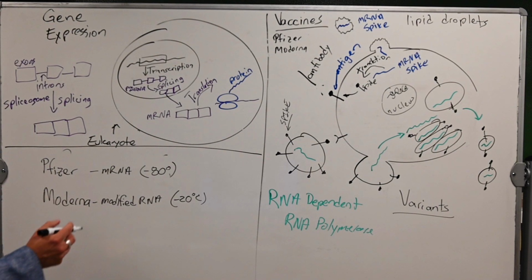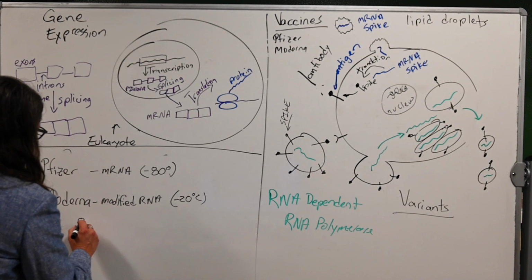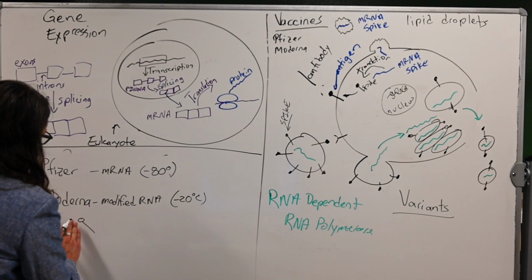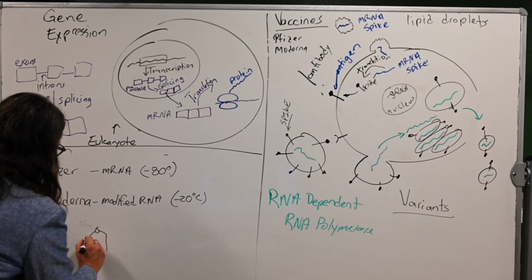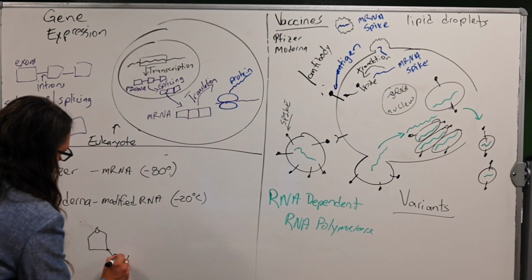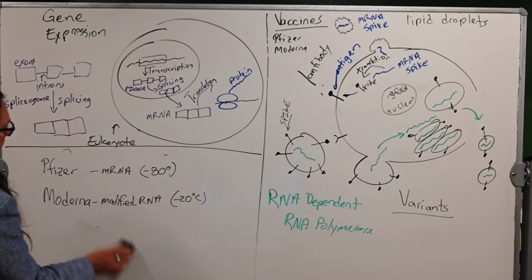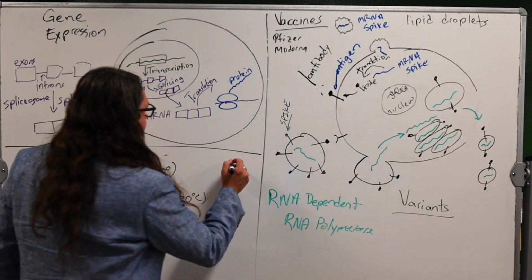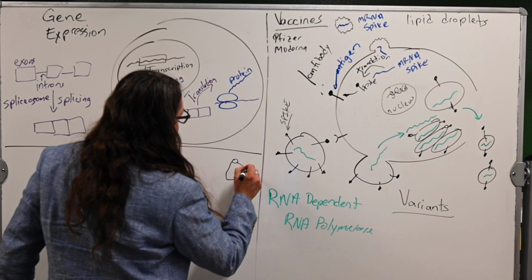What's going on? So I'm going to draw just very simple chemistry of an RNA. So we have an RNA strand here. So here's the ribose sugar of RNA. Oh, that's not going to be visible on the camera. Hold on. Here's our RNA sugar. And you don't have to worry about remembering this.